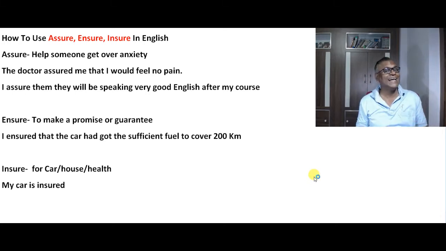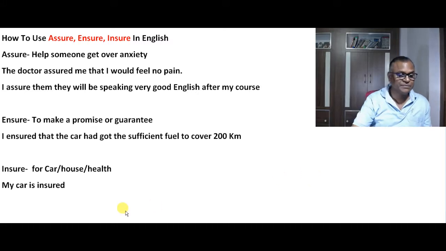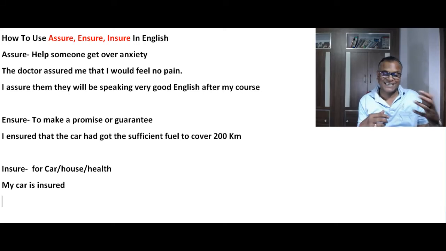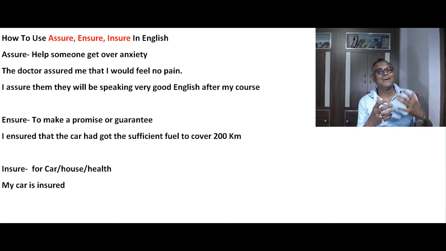I have got health insurance. It means I am insured for my health for a certain amount. If I fall sick, then the expenses to recover or the hospitalization charges are all paid by that insurance company.